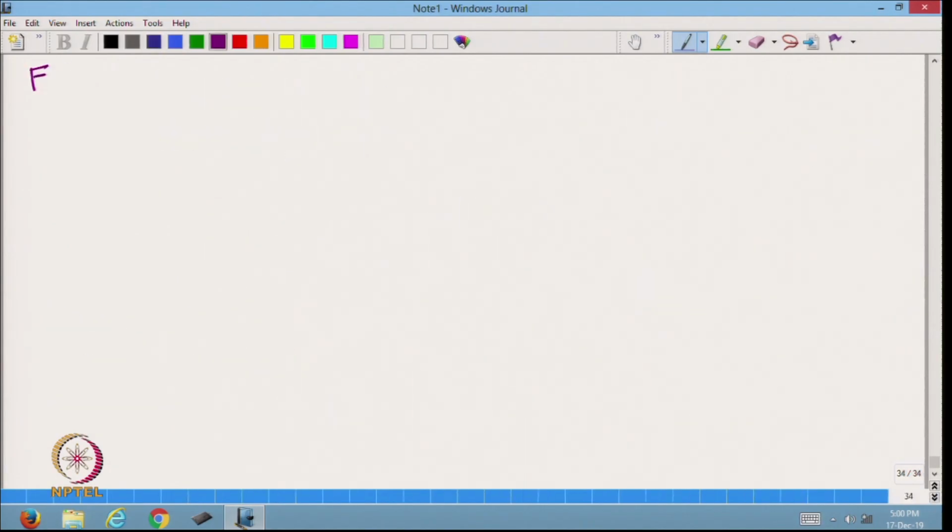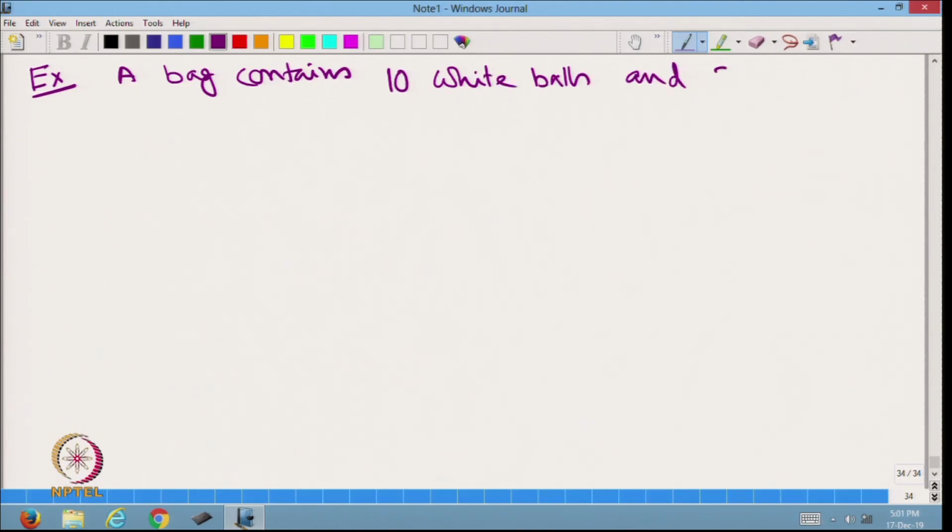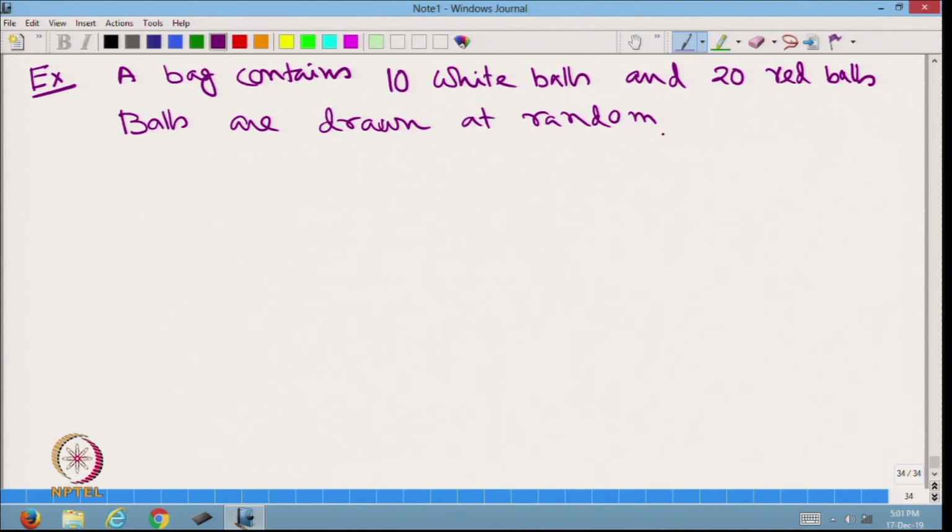Let me give you another interesting problem. A bag contains 10 white balls and 20 red balls. Balls are drawn at random without replacement.